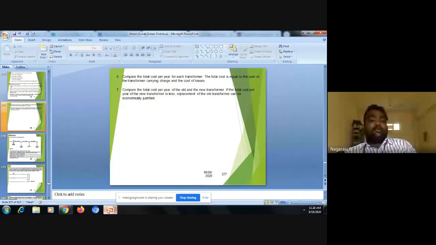And compare the total cost per unit for the new transformer also. If the cost per year of the new transformer is less, then replace it. Okay, if one is not working, automatically you go for the next.